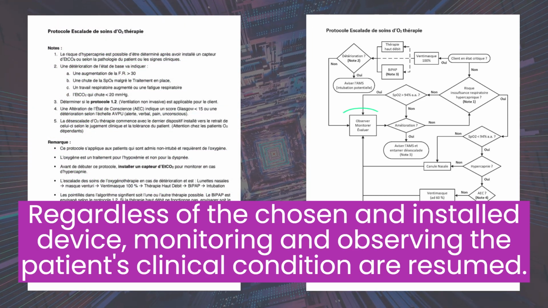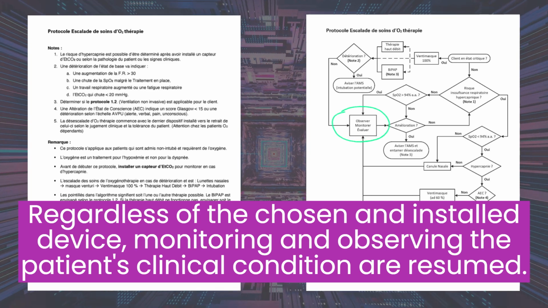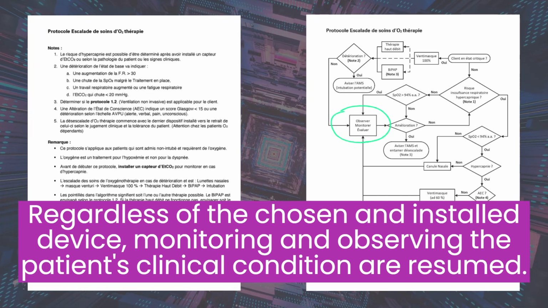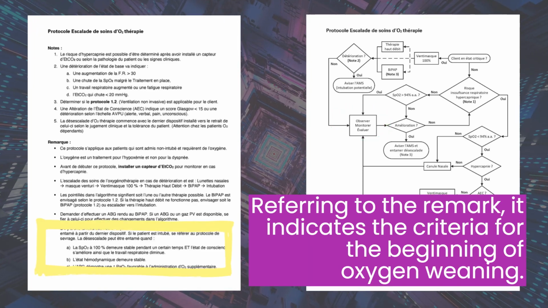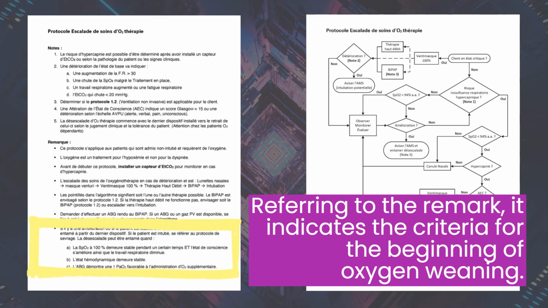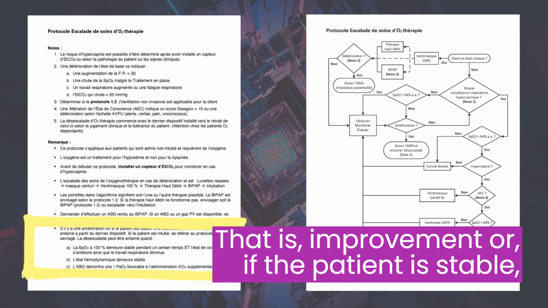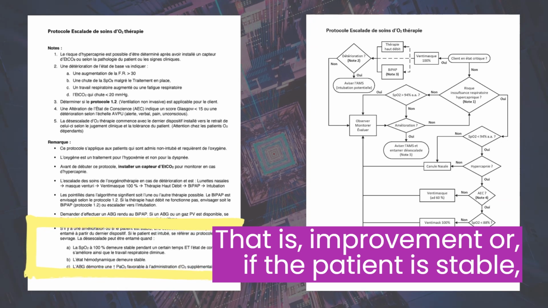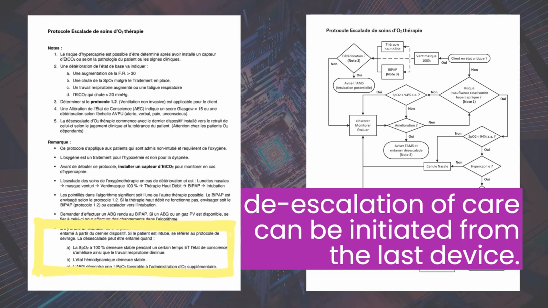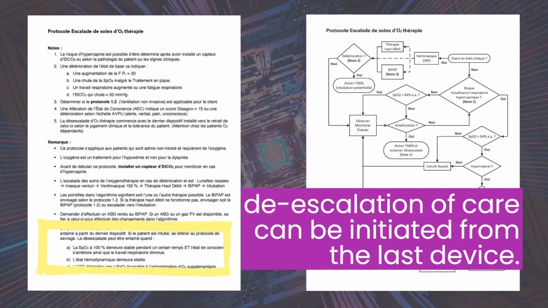Regardless of the chosen and installed device, monitoring and observing the patient's clinical condition are resumed. Referring to the remark, it indicates the criteria for the beginning of oxygen weaning. That is, improvement or, if the patient is stable, de-escalation of care can be initiated from the last device.